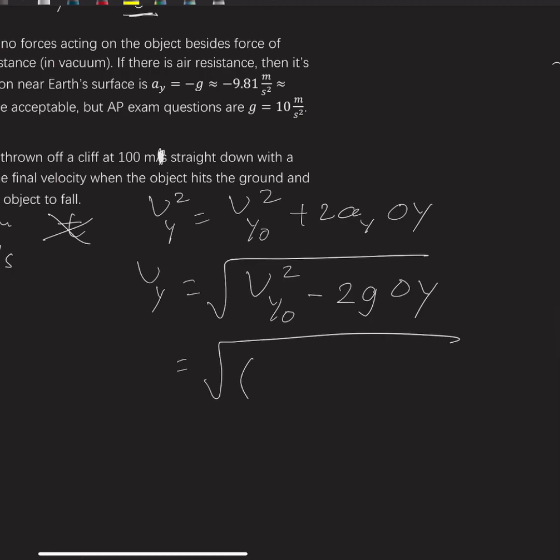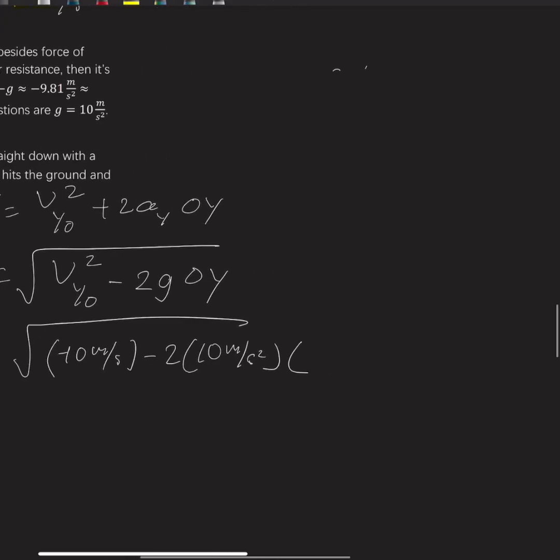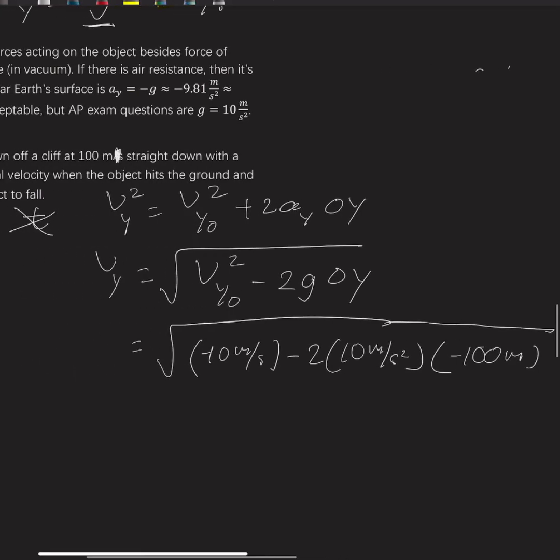Velocity initial squared is negative 10 meters per second, minus 2 times 10 meters per second squared times our delta y, which is negative 100 meters.